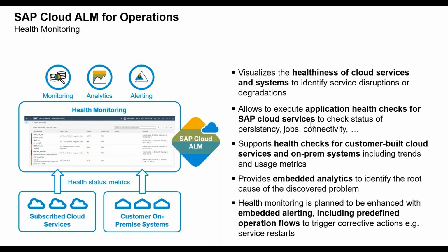It does also support some of the cloud services, not necessarily just on-prem, but again, these are some predefined monitoring within health monitoring in Cloud ALM that you could enable, and then over time, change that configuration for health monitoring. Therefore, you could modify those KPIs and metrics, so you're alerted on a true issue when there's a disruption or a degradation of that system.